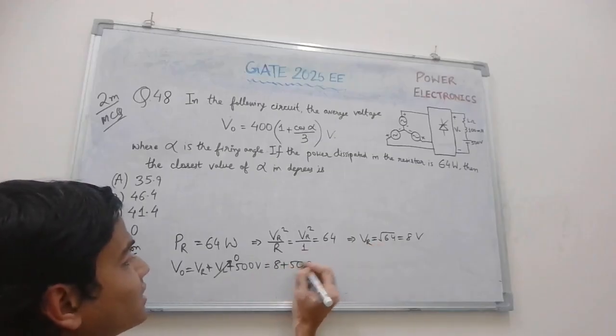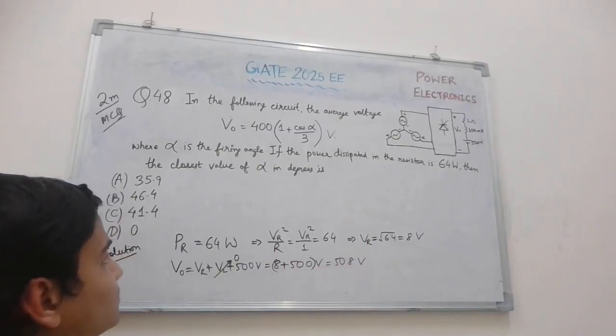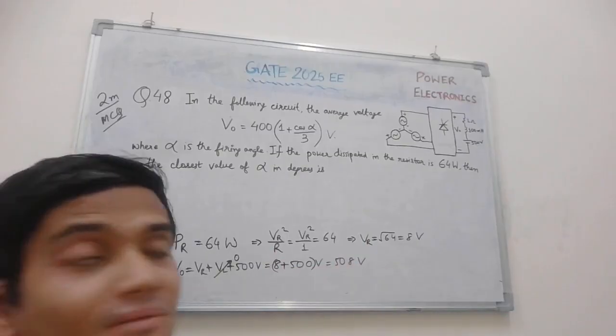So 8 plus 500, that is 508 volts. Correct?